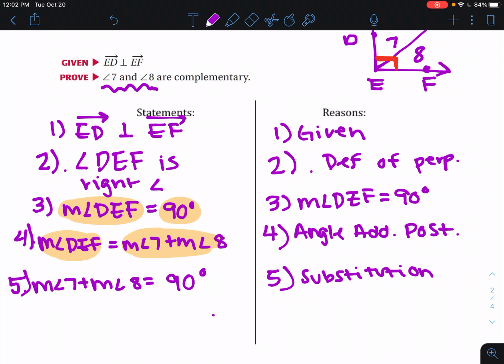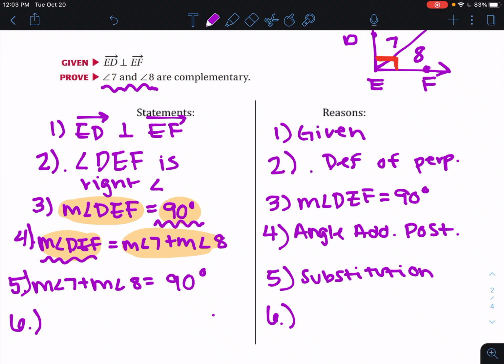The reason it's substitution and not transitive is because we're just replacing one little thing. We're doing a 1-for-1 switch, as opposed to transitive where it's like multiple things. All right. So we just established that the measure of angle 7 plus the measure of angle 8 equals 90.